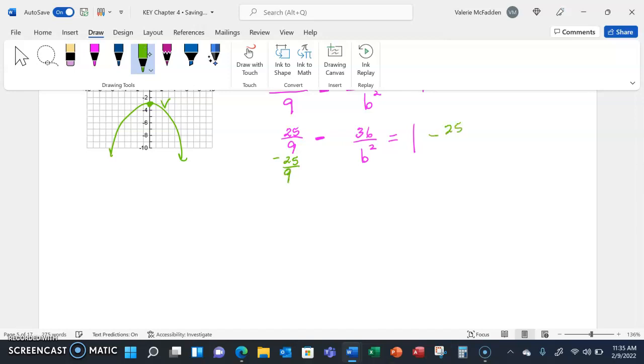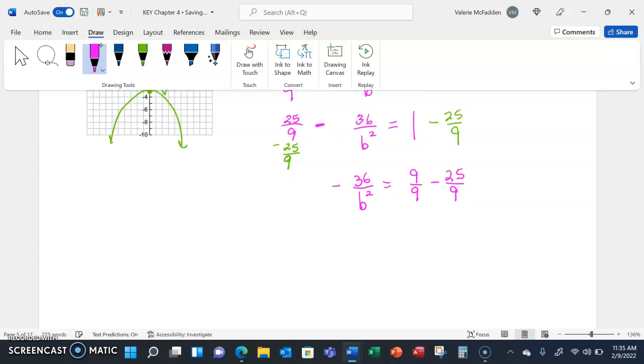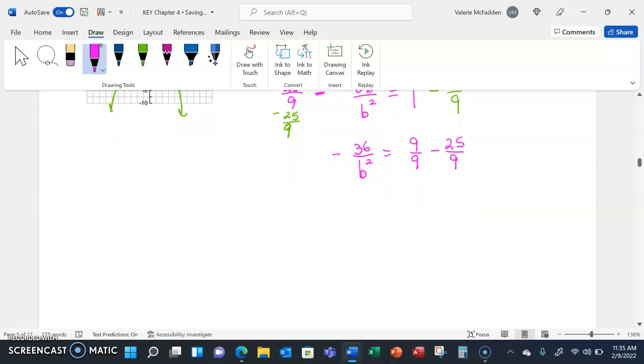That will leave me with -36 over b squared equals 1 minus 25/9. I'm going to rewrite 1 as 9/9 minus 25/9 in order to get the common denominator so that I could subtract.